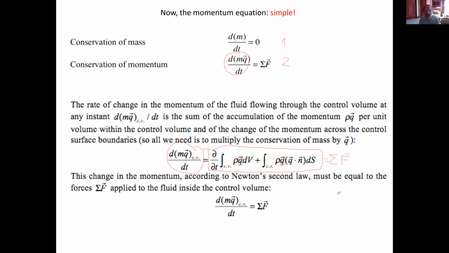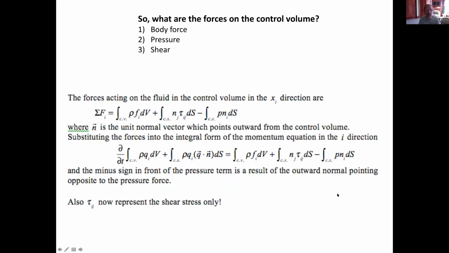So we need to figure out the forces, and now you have to understand my story. The argument is that the forces are body forces and shear forces, and now we use the shear only for true shear, like in mechanics, and then we take away the pressure and put it separately.